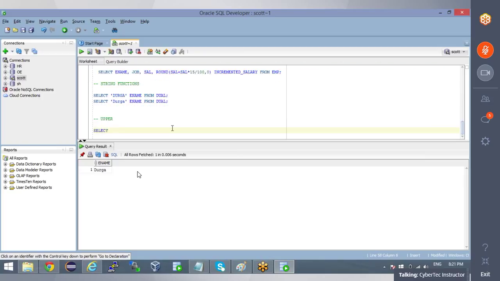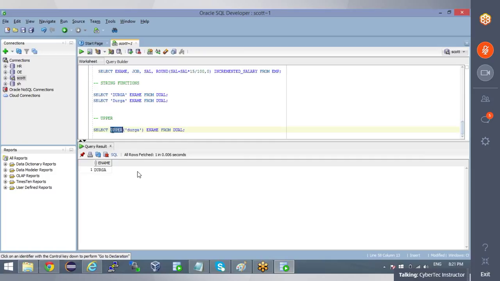For example, select upper of, I'm giving the value in this way, from dual. What was the input string here? The input string was Durga, which was in lower case.